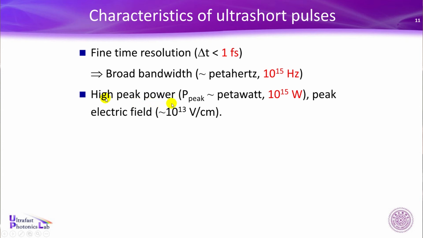The second characteristic is you can have high peak power. Currently, the strongest lasers in this world can reach a peak power of about 1 petawatt, 10 to the 15th watt. There are several strong lasers in the world, around 1 or 2 or several petawatts, including one in mainland China. The corresponding peak electric field can be as high as 10 to the 13th volt per centimeter.